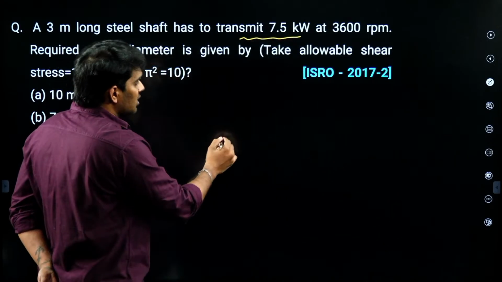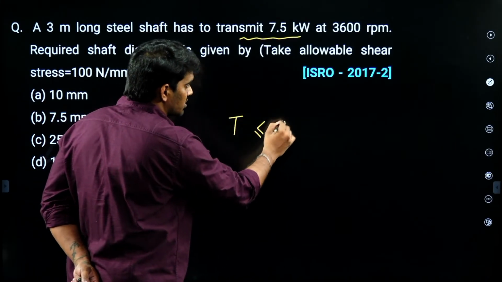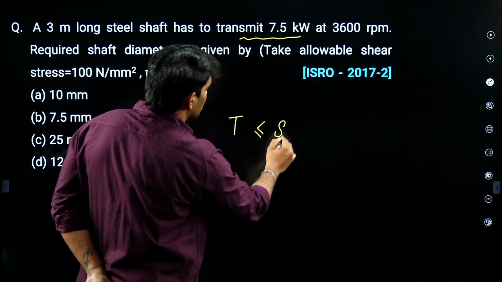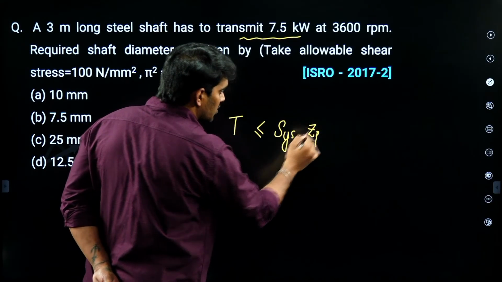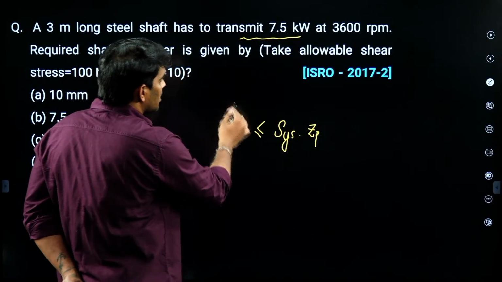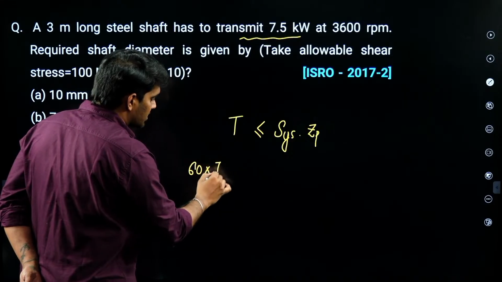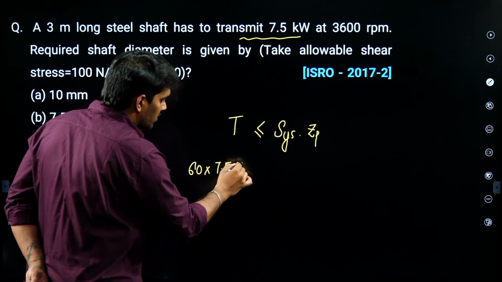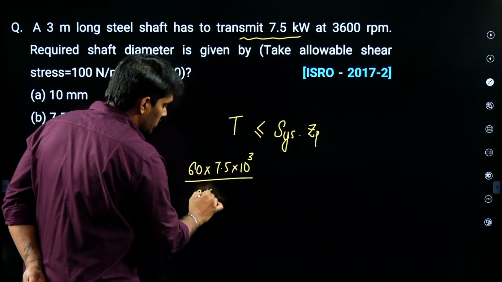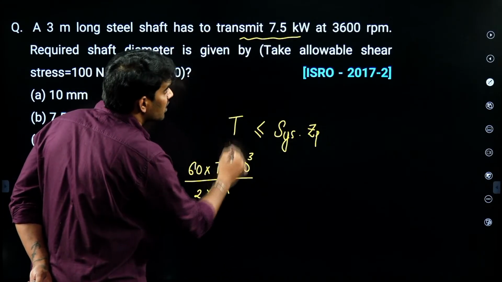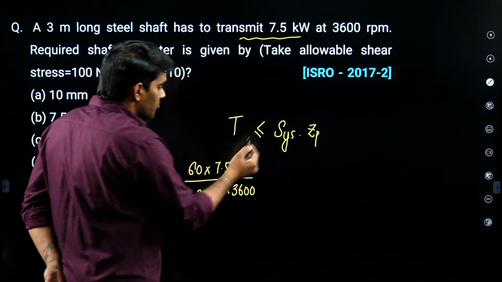See here, the torque transmitted has to be lesser than its twisting strength, which is the allowable shear stress, SYS, whose value is given, into the polar section modulus. So what is the torque here? The torque equation is 60 P by 2 pi n, where power is given as 7.5 kilowatt, which is 7.5 into 10 power 3, and n is 3600.